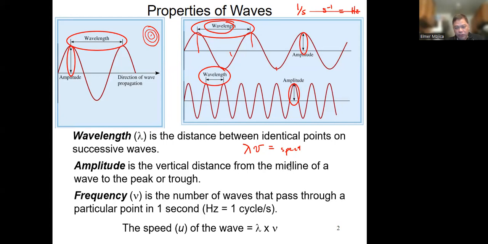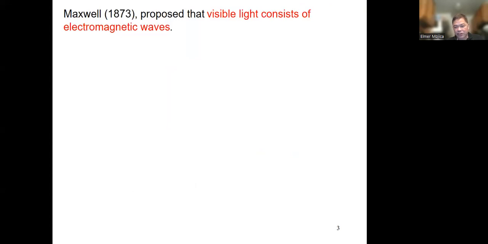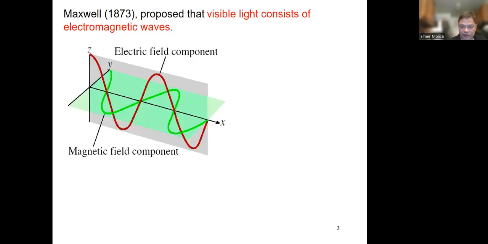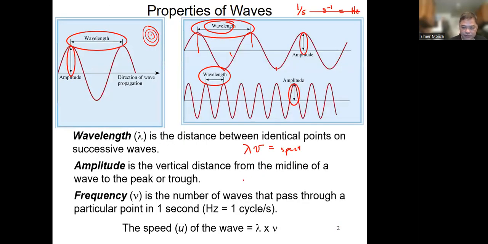Okay, now most of the wave-like properties that we have, we got from the so-called radiation. So when we're talking about radiation, this is the energy transmitted through space in the form of waves.